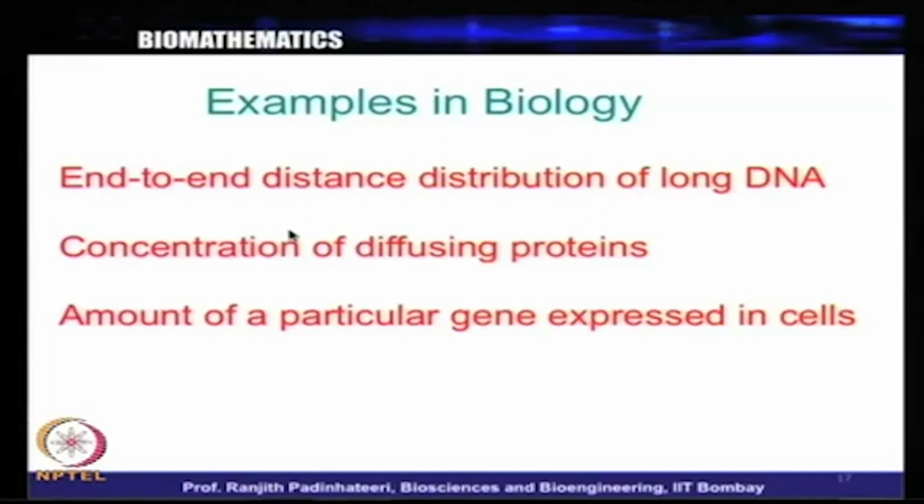We already saw that the concentration of diffusing proteins can have a Gaussian distribution.